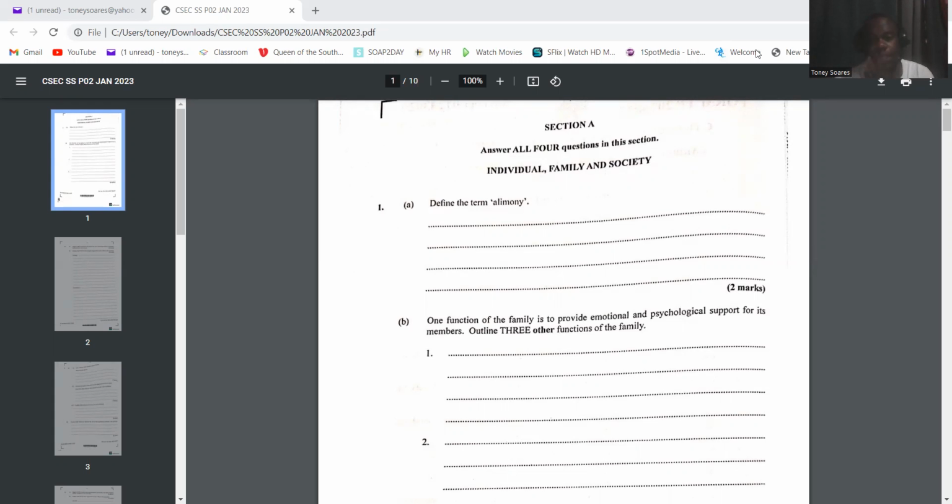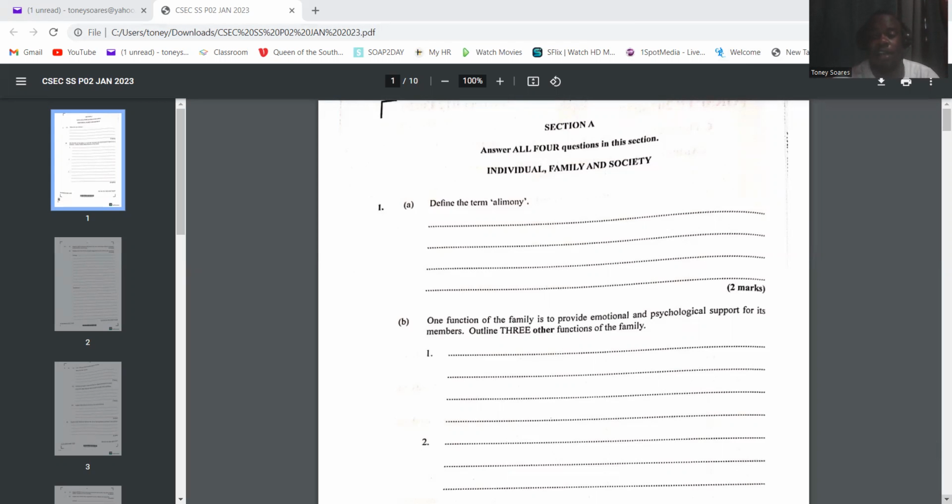Question 1B says one function of the family is to provide emotional and psychological support for its members, outline 3 other functions of the family. Once a question says anything outside of list, then you will use a complete sentence to answer.